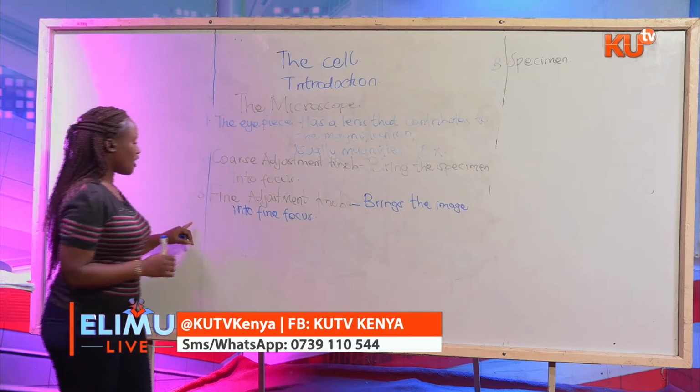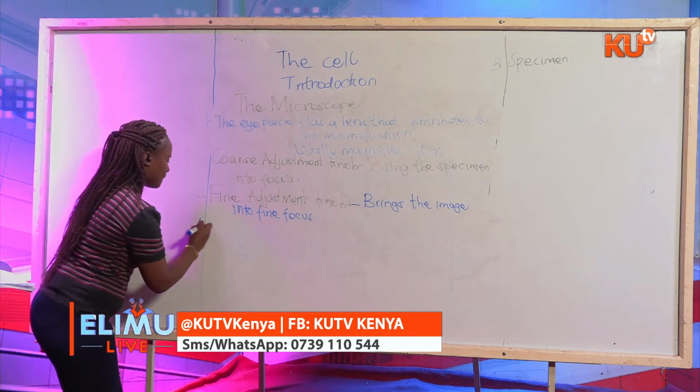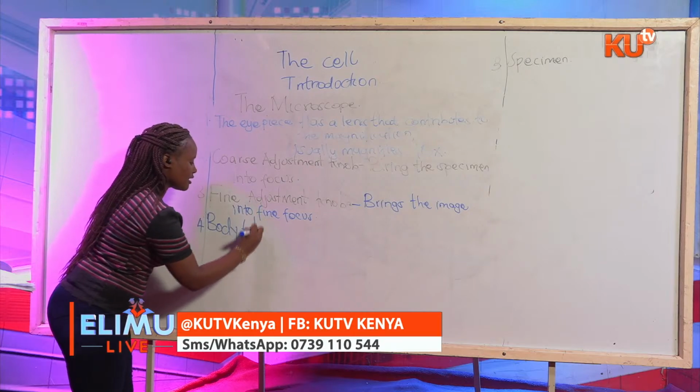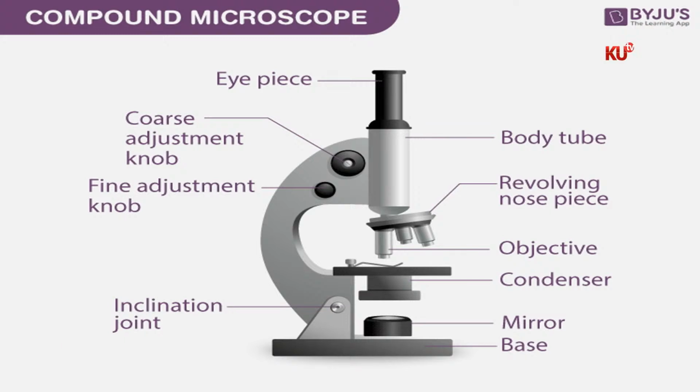And then we go to our fourth one, which is the body tube. One of the parts of the microscope, we have the body tube. The body tube holds the eyepiece and revolving nose piece. It directs light from the objective lens to the eyepiece.